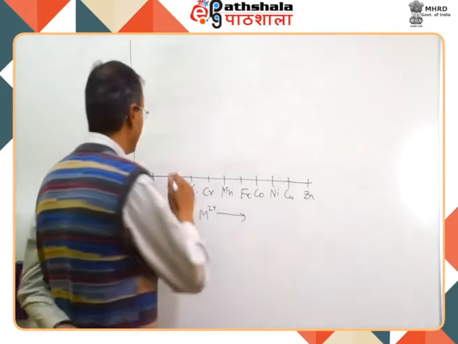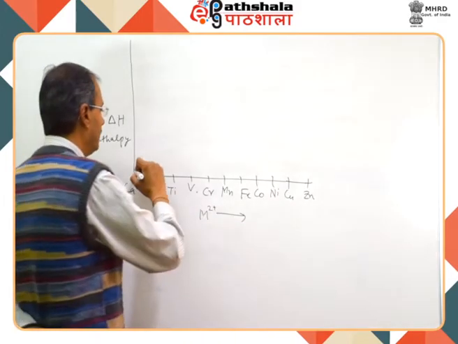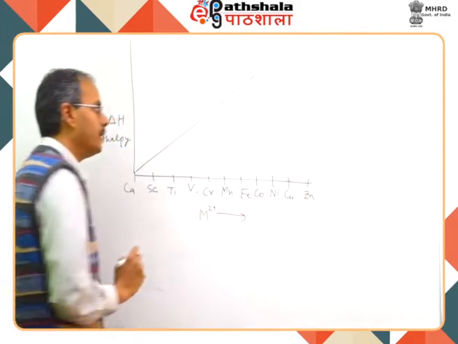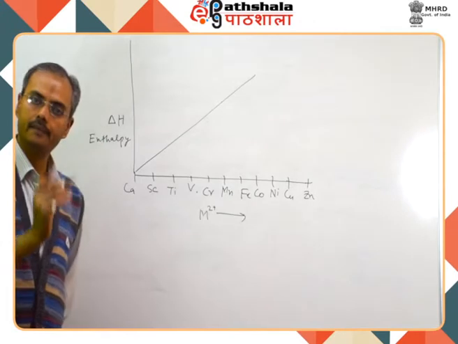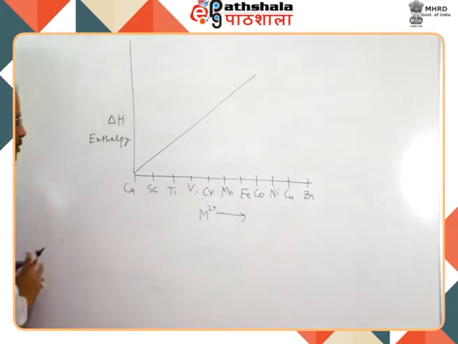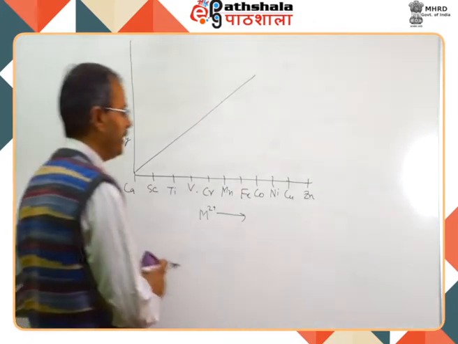So if we are correct in our thinking, we should actually expect a straight line. But we don't actually expect the straight line.